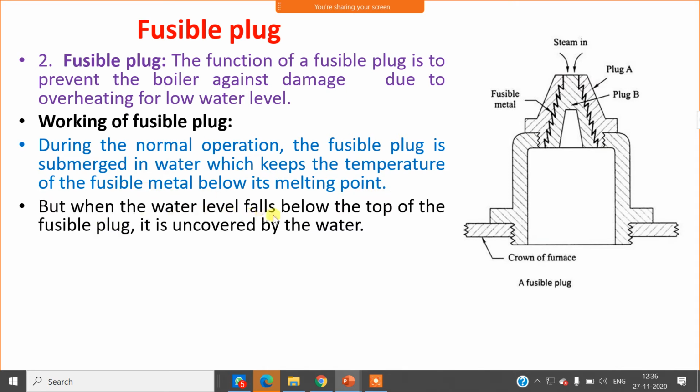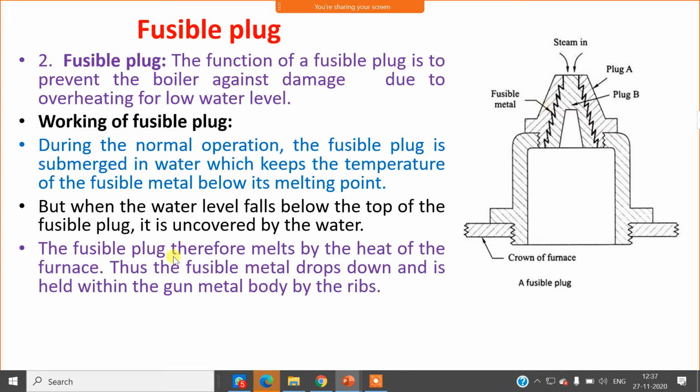But when the water level falls below the top of the fusible plug, it is uncovered by the water. When the water level goes below the fusible plug, then due to high temperature, the fusible metal melts. The fusible plug therefore melts by the heat of the furnace.